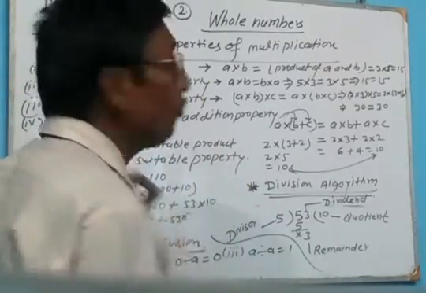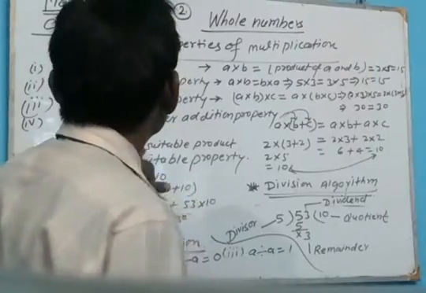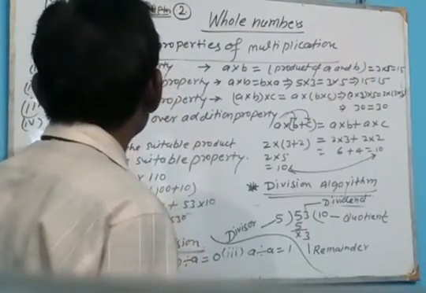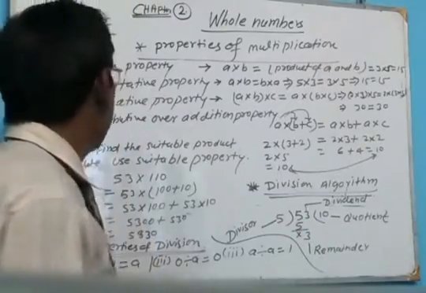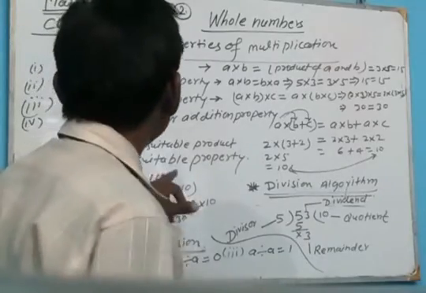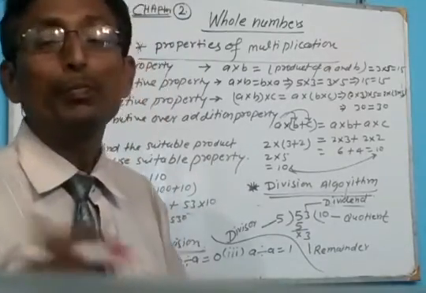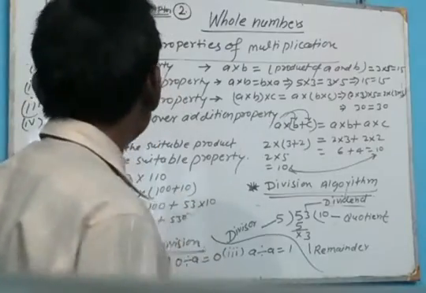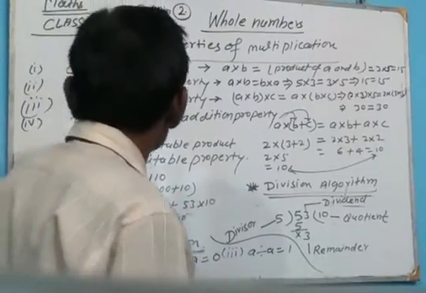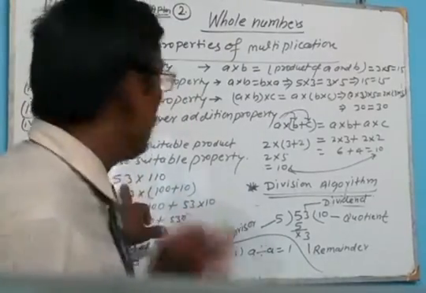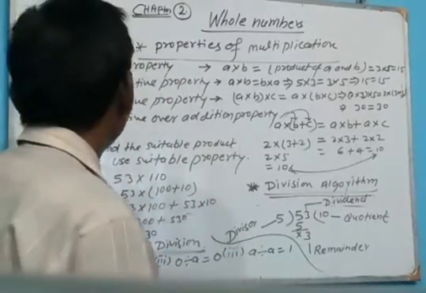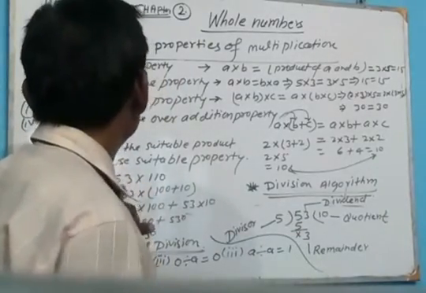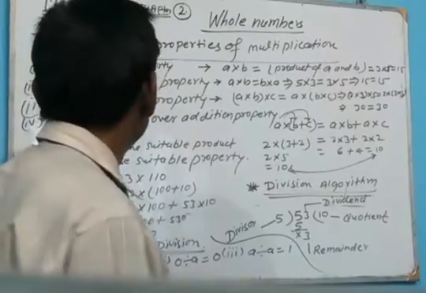Now we have to find the suitable product using the suitable property. How do we find the result? By using a suitable property. Here we have a question: we have to multiply 53 by 110.